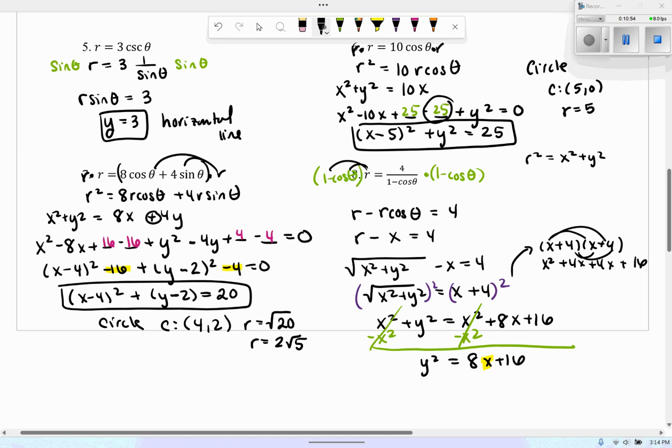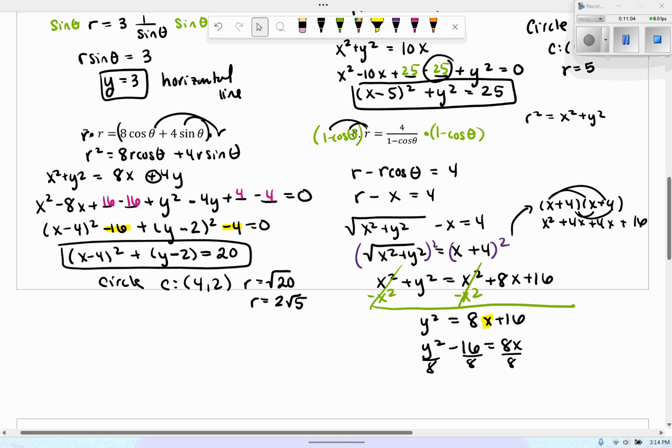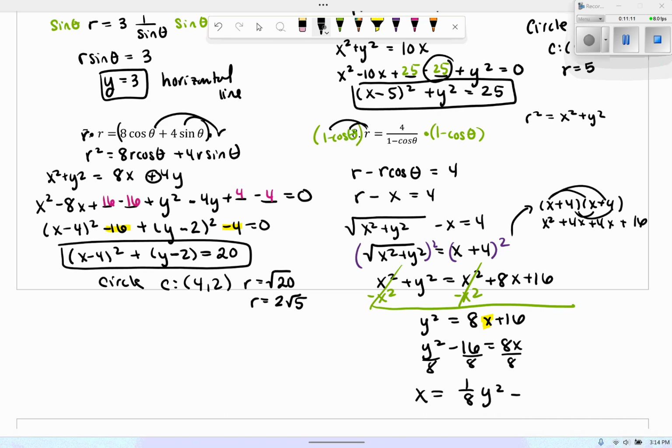When we do that, we get y squared minus 16 equals 8x. And then, of course, we have to divide each term by 8. So that gives us x equals 1/8 y squared minus 2. And this, of course, again, is the equation of a parabola.